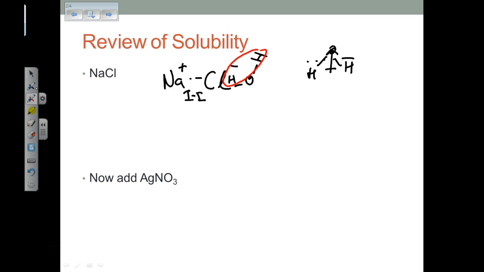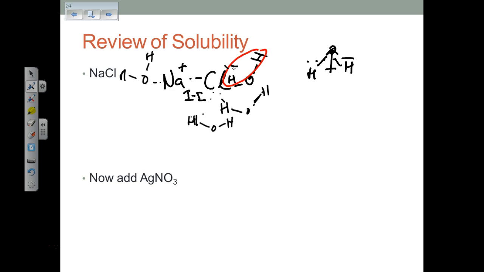And so if I get enough waters floating around, what that can do is it can overcome the ionic force here. So what ends up happening is that there's a force of attraction here, and other water molecules around. So then floating around in solution is the chloride ion, and the same thing can happen with the sodium ion. There's a force of attraction here between the negative side and this.